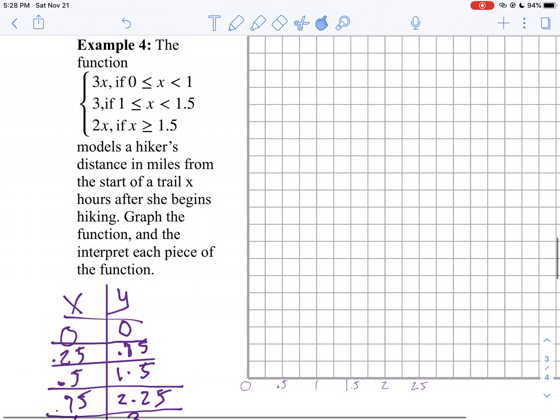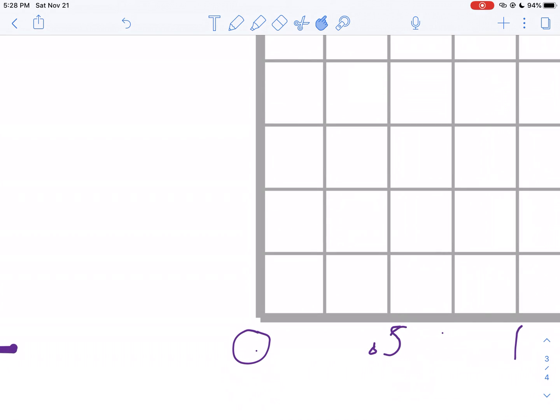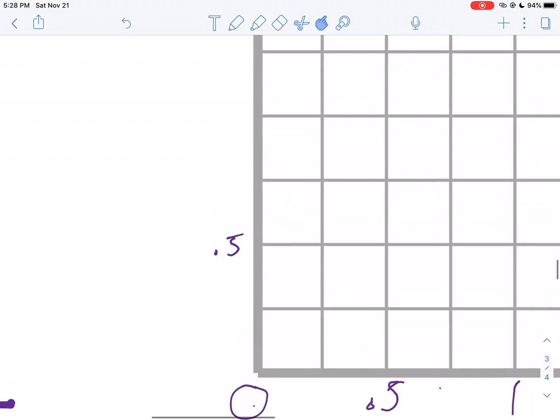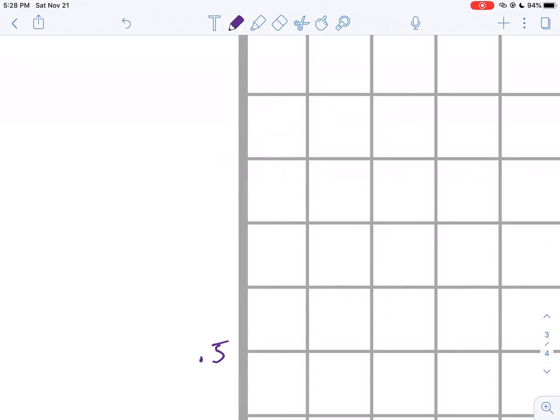I'm also going to count by 0.25s here. So here's 0, 0.25, 0.5, 0.75, 1.